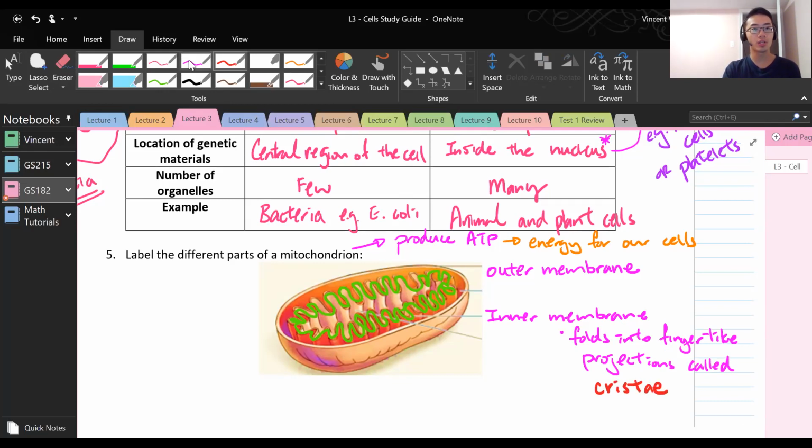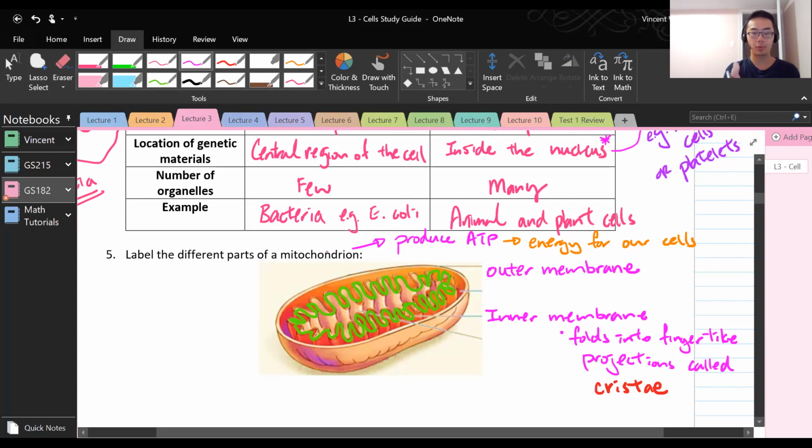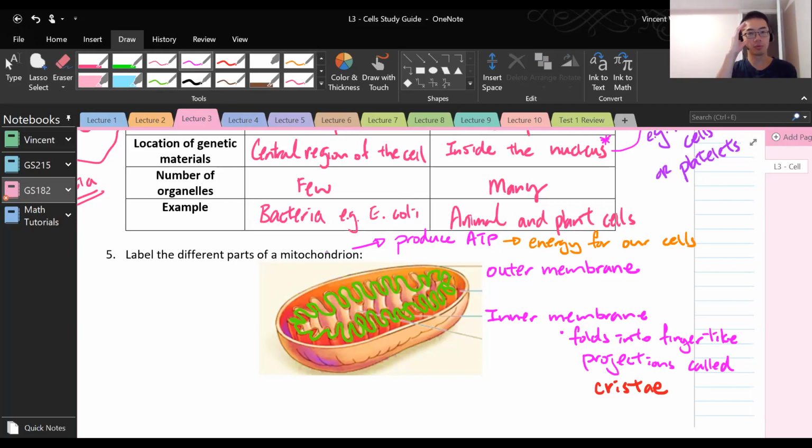You want to know these parts because when we do metabolism in lecture 5, I believe, we will have to know the parts of the mitochondria quite well.